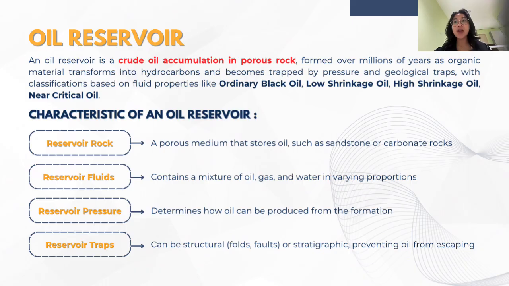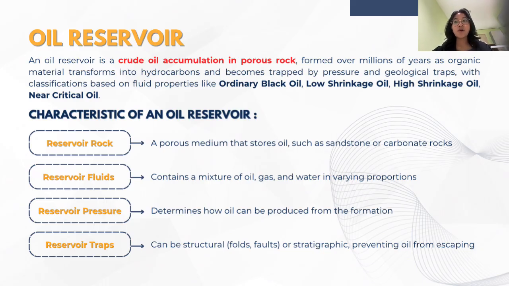Okay, so next I will explain about an oil reservoir, which is a natural underground formation where crude oil accumulates within porous rock over millions of years. These reservoirs form as organic material transforms into hydrocarbons and gets trapped by geological structures. These are four key characteristics of an oil reservoir. First is reservoir rock. This is the porous medium that stores oil, such as sandstone or carbonate rocks.